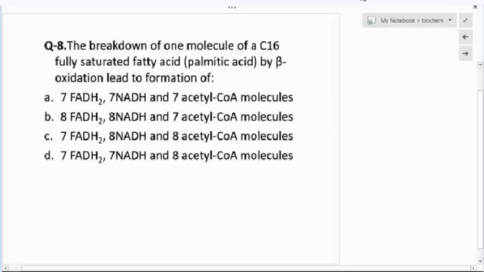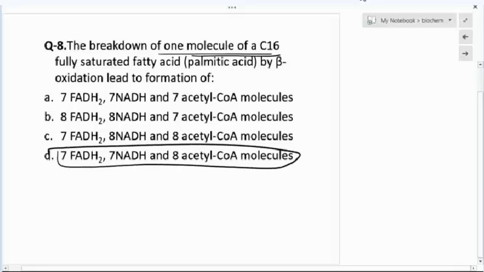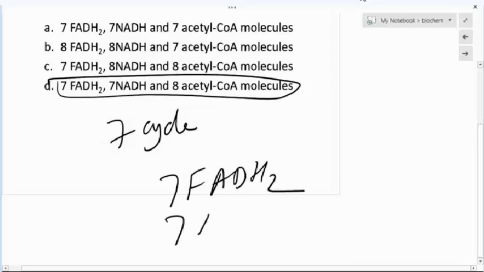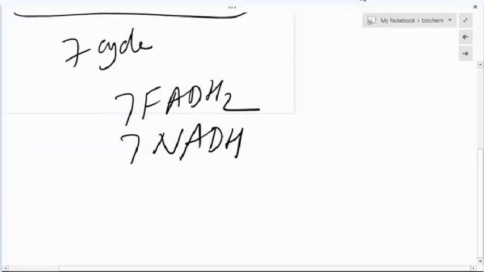Now coming to the next question, breakdown of one molecule of 16 carbon fully saturated palmitic acid by beta oxidation leads to formation of, answer is going to be 7 FADH2, 7 NADH and 8 acetyl CoA molecule. So it is 16 carbon, so it will be needing 7 cycles of beta oxidation. And in 7 cycles of beta oxidation, because each cycle produces 1 FADH2 and 1 NADH, you'll get 7 FADH2 and 7 NADH.